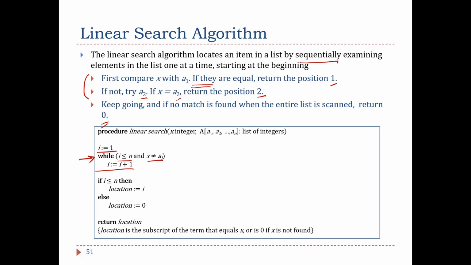But if x is different than ai, then we have to increment i by 1, to be able to check with the next one, ai plus 1. So i becomes i plus 1. If i was 1, on the next iteration i becomes 2.